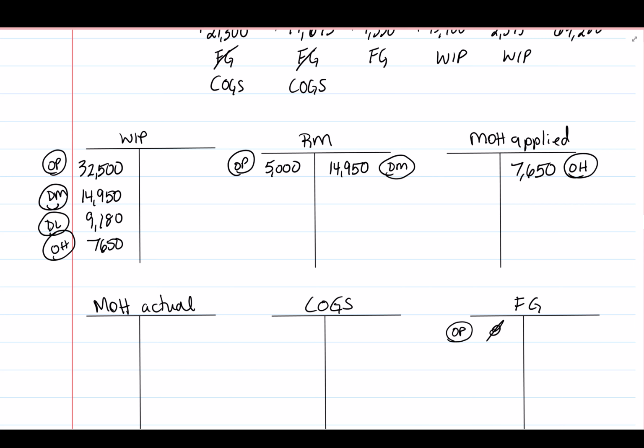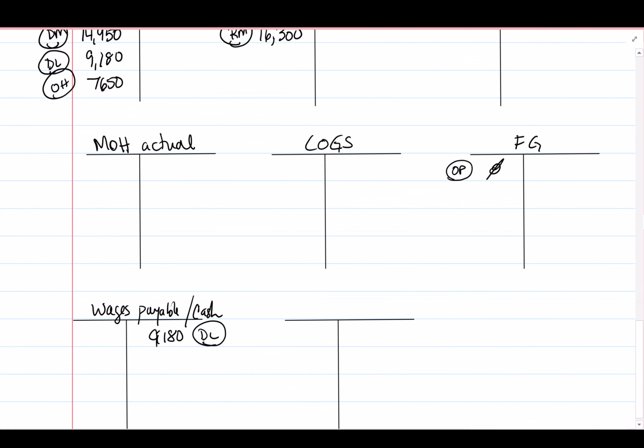D again, raw materials inventory at the beginning was $5,000. We took care of that. Purchases of raw materials during January amounted to $16,300. So purchases of raw materials, $16,300. Maybe we paid cash, maybe it went to accounts payable, something like that.